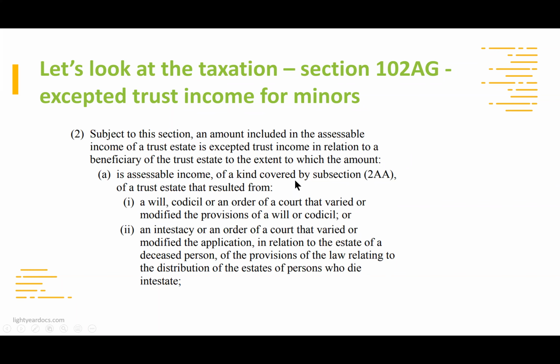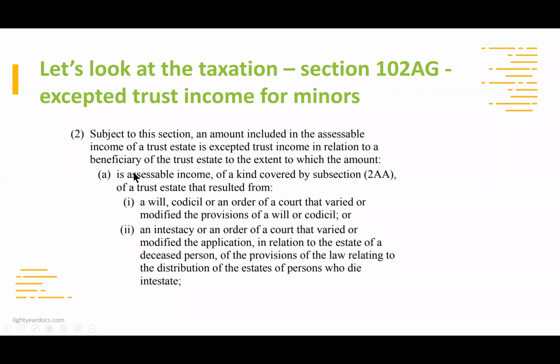So it is assessable income covered by 2AA of a trust estate that resulted from a will, codicil, or order of a court that varied or modified the provisions of the will or codicil, or an intestacy, or an order of a court that varied or modified the application in relation to the estate of a deceased person of the provisions of the law relating to the distribution of the estates of persons who die.